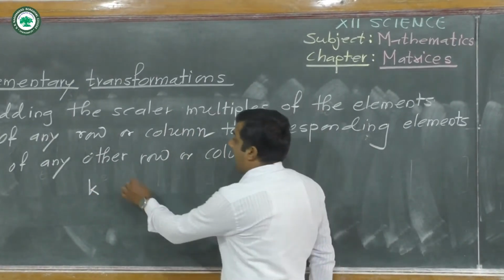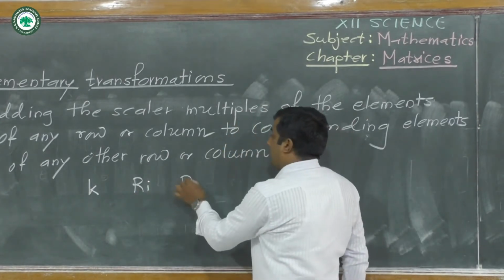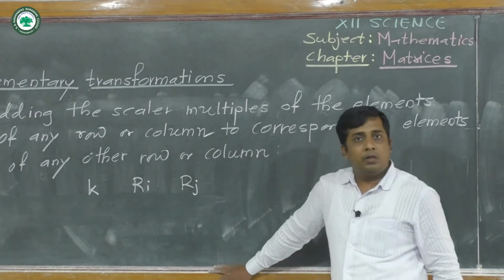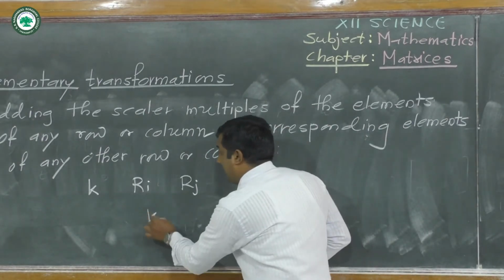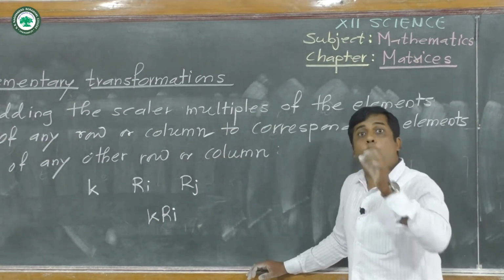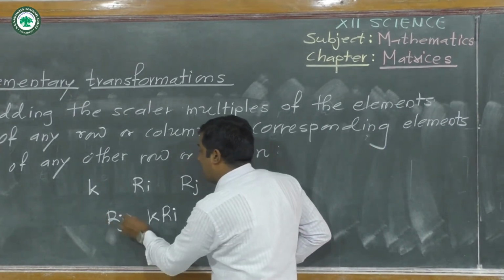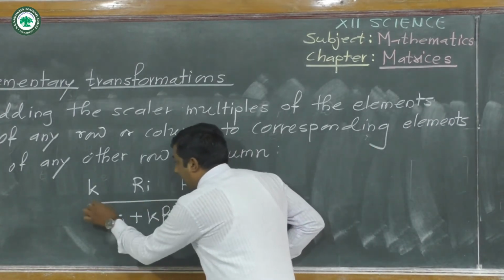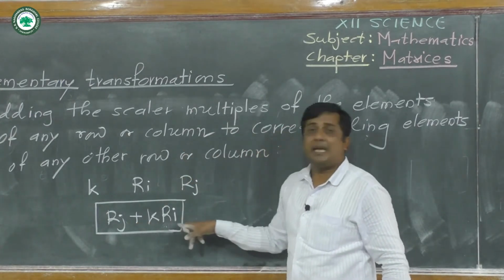Then we consider the ith row, and then our second row rj. If we multiply this ith row by k, we get k ri, and we have to add this with rj, that is rj plus k ri. We denote this concept by using rj plus k ri.